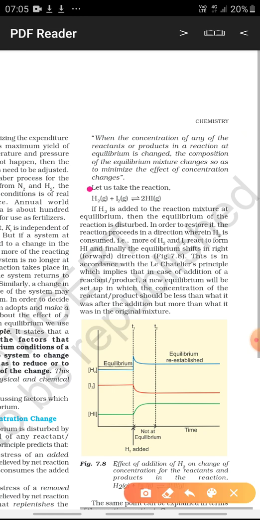Now, if we increase the concentration of hydrogen, then according to the Le Chatelier principle, it will try to balance itself and the reaction will go in that direction in which the increased concentration is consumed. That means in the forward direction. So, if we increase the concentration of any of the reactants, according to Le Chatelier principle, the reaction will go in the forward direction. And if we increase the concentration of the product, then to counteract the change, to minimize the effect of change, the reaction will go in the backward direction.